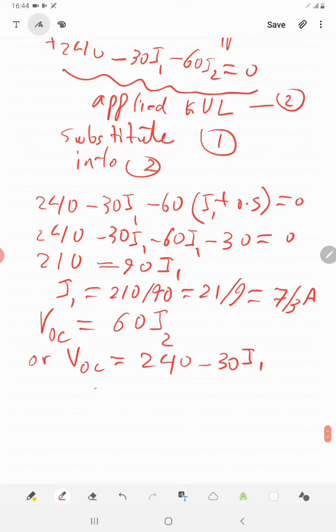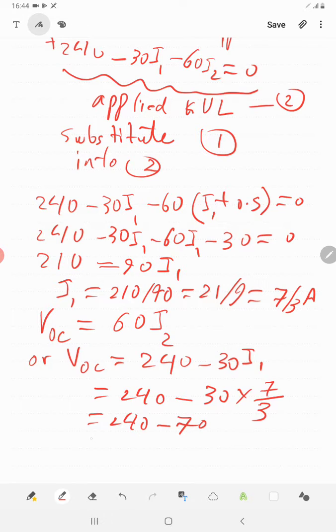Now we know I1: 240 minus 30 times 7 over 3, which is 70. 240 minus 70 will give you 170 volts.